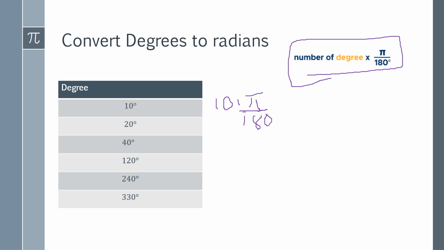That's 10 pi over 180. And when you simplify that, that's going to be pi over 18. Just like that. Right?